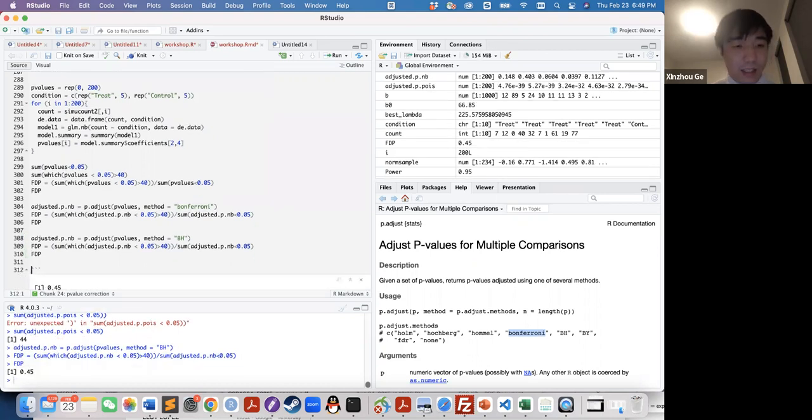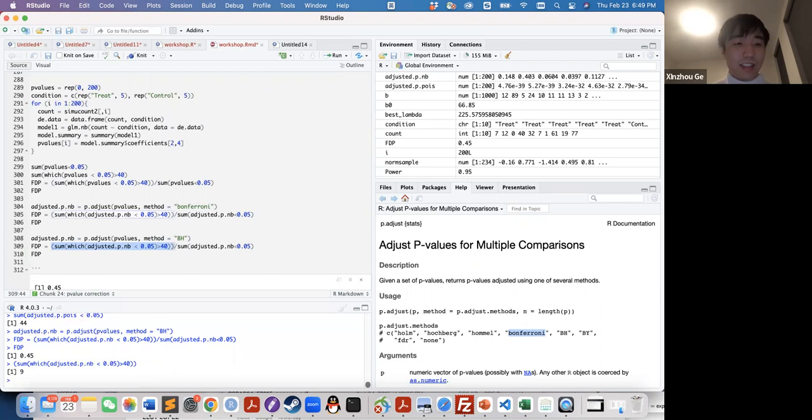Okay, this time, from the BH procedure for this one, we still have very large FDP because of model misspecification, but we have a larger number of discoveries compared to the Bonferroni correction.